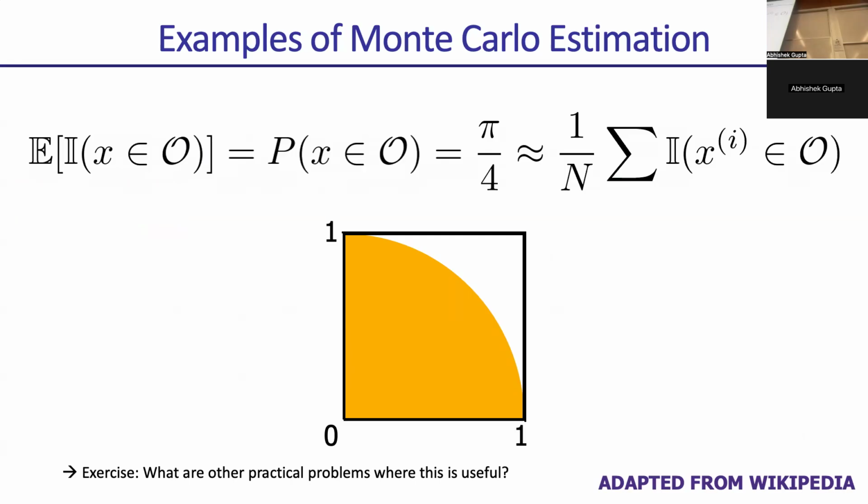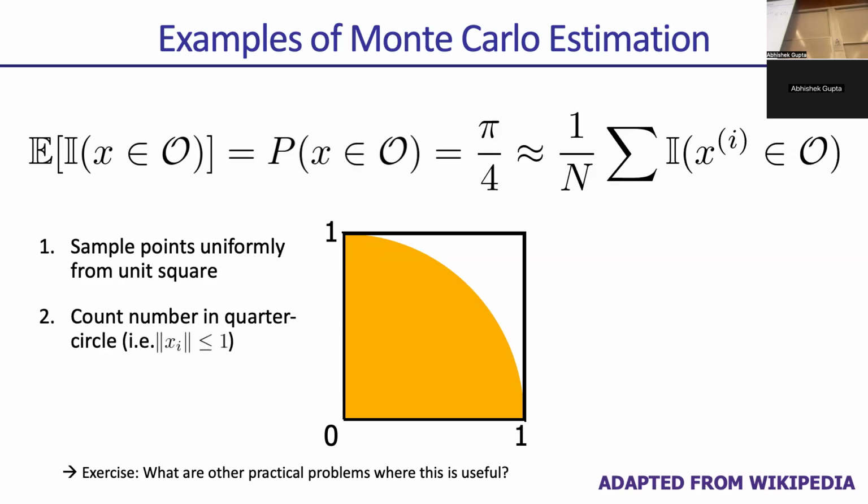So you can estimate the area of a circle with Monte Carlo. I'm going to draw samples at different places, and give it a 1 if it's in the circle and a 0 if it's outside of the circle. If you look at the average of that indicator variable over many, many samples, it will give you pi over 4.